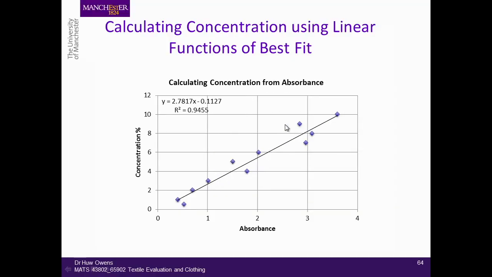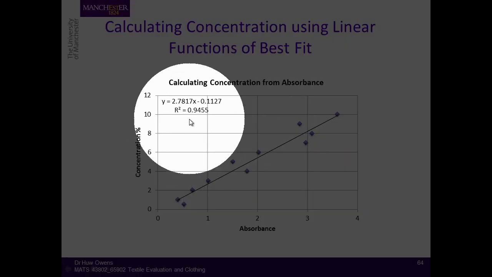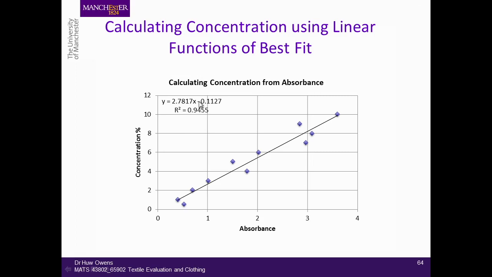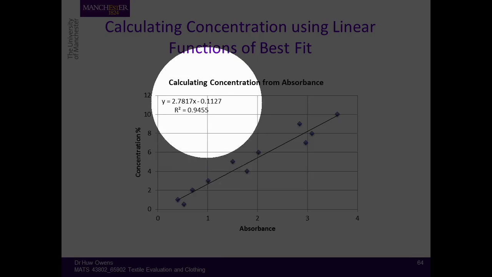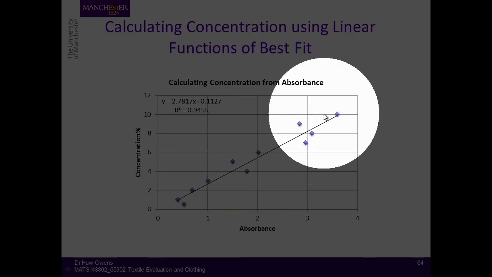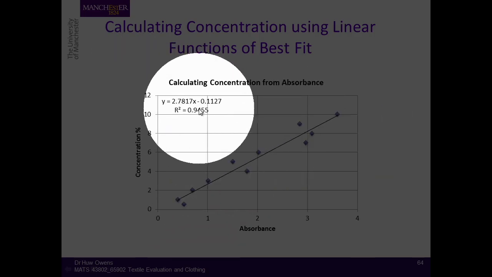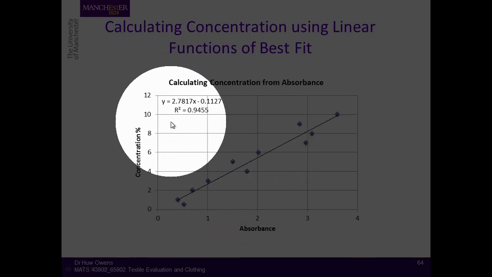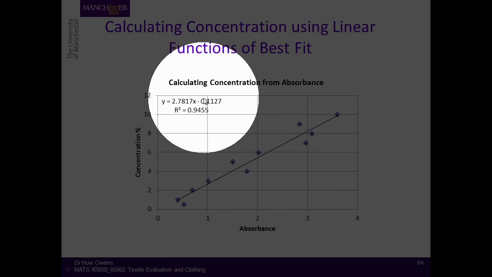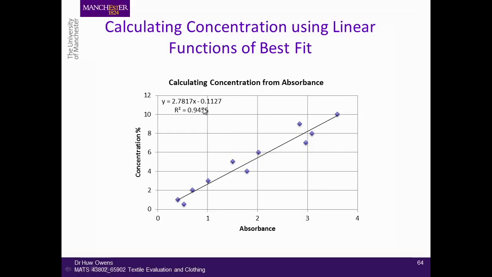What you'll see is the fit up here, and when you do your projects, your dissertations, one of the things that we look for from you is your data analysis and how confident you are in any trends that you see. So if you have a fit here, and we've got a straight line or a linear fit, we have the equation up here, and then we have the correlation coefficient up here, r squared.